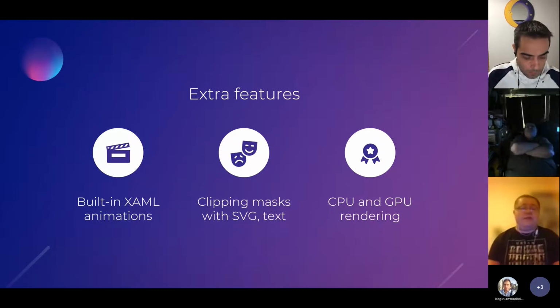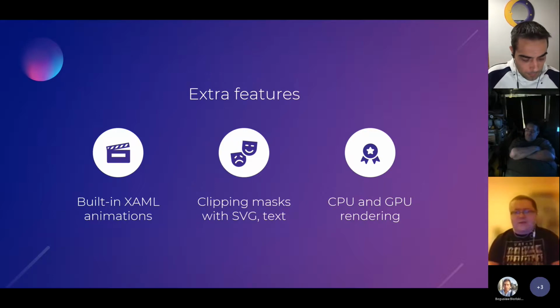And we added the possibility to use data from SVG images, and we also added rectangles and ellipses to that system. And this is how the overall clipping mask feature was born. Also, we provide CPU and GPU rendering for the gradients, which is quite easy in SkiaSharp.